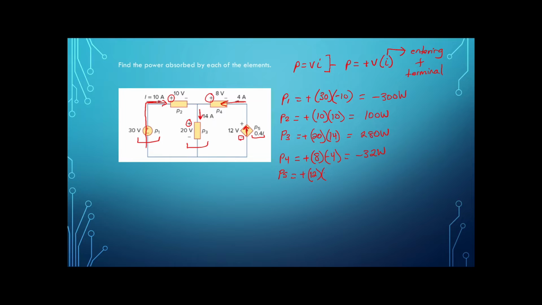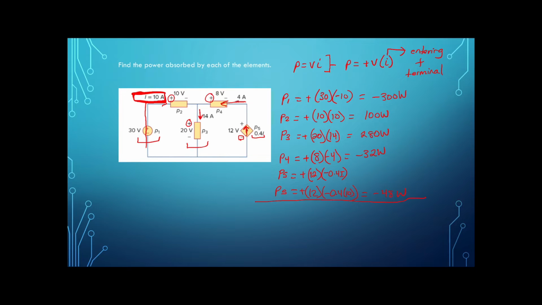So that is the same as negative 0.4 I entering the positive terminal. So we know I is given up here as 10 amps. So we can find P5 is equal to plus, and then 12 times negative 0.4 times 10, and this gives us negative 48 watts.